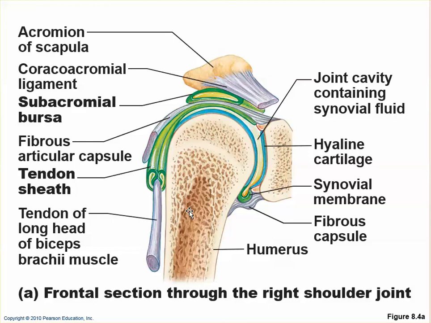When that happens, there's more friction, and it takes up space, and it's painful, red, and swollen, and all the things that inflammation will bring. It's way more common than tendinitis. The tendon itself usually doesn't get inflamed. So when somebody tells you they have tendinitis, they probably have tenosynovitis.